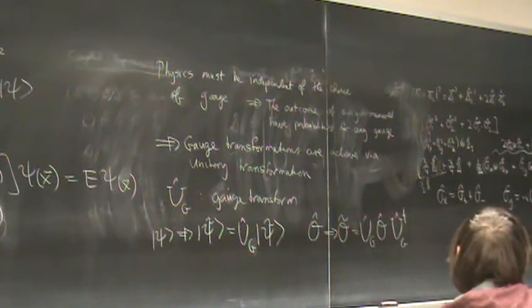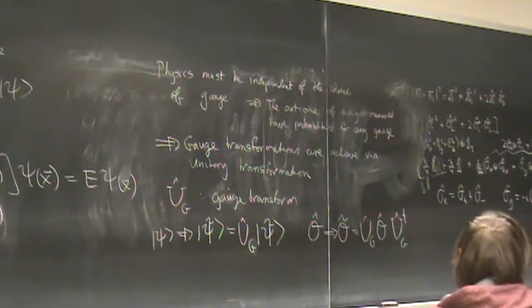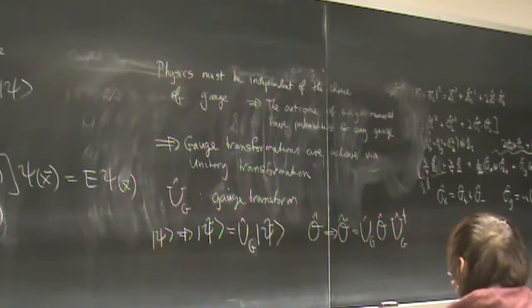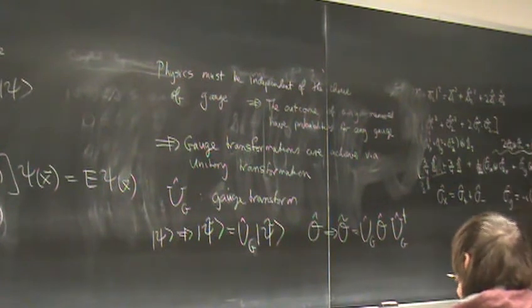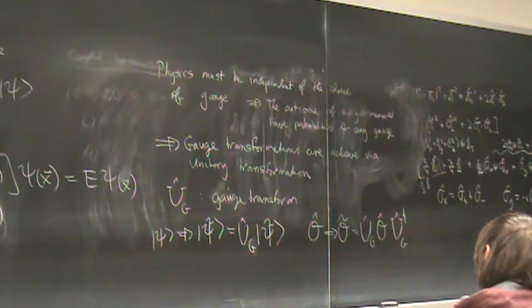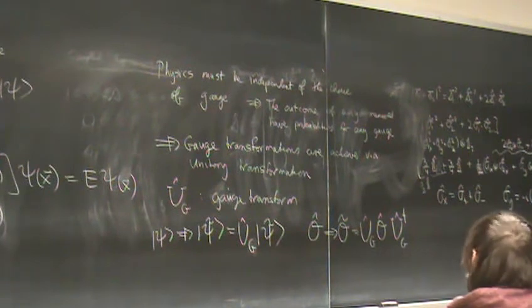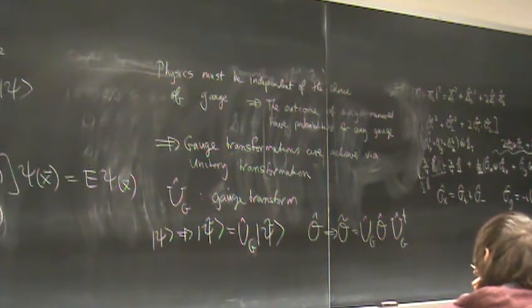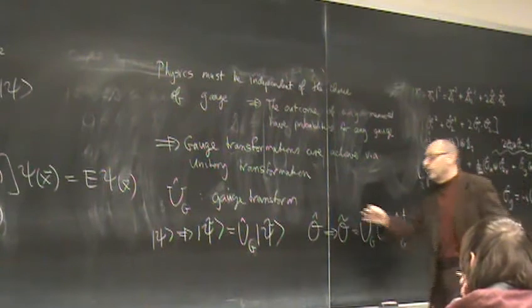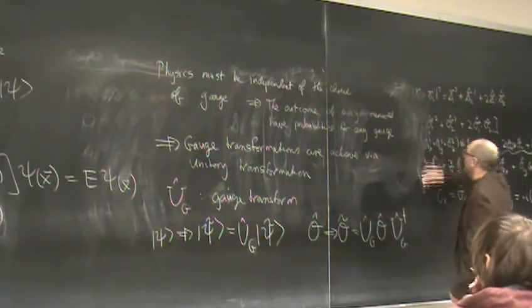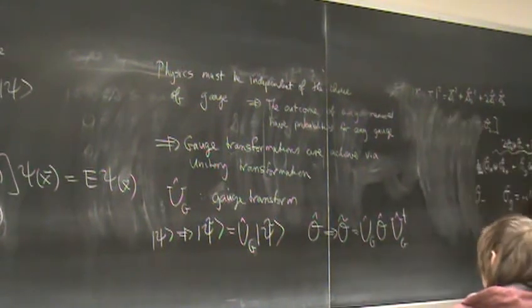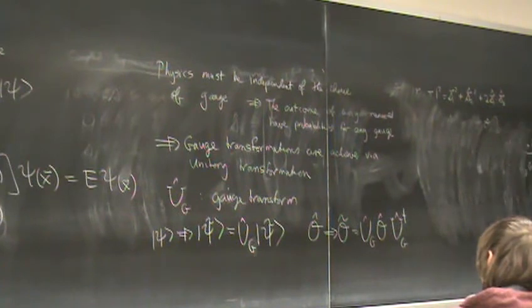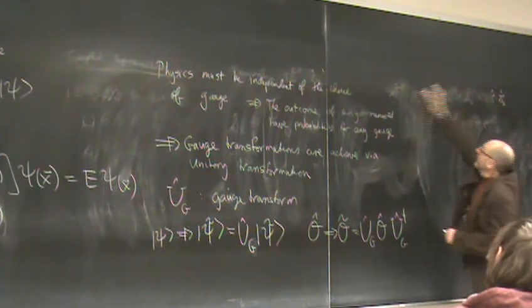If I do that, then the matrix elements of O are the same in any gauge. That's to say, the matrix elements of O tilde are the same as the matrix elements of O hat in the two gauges.